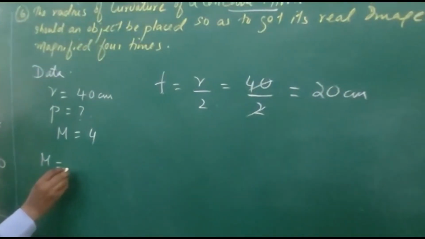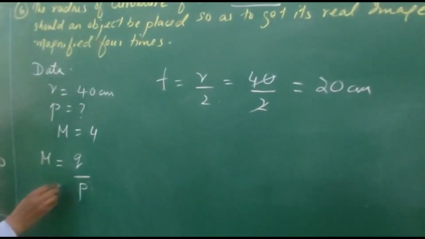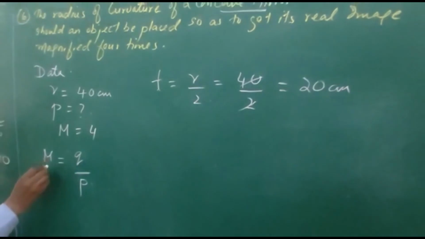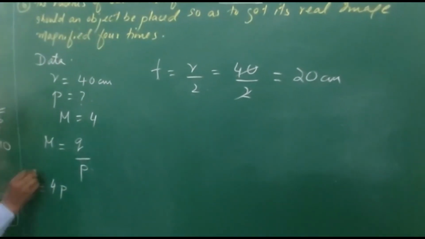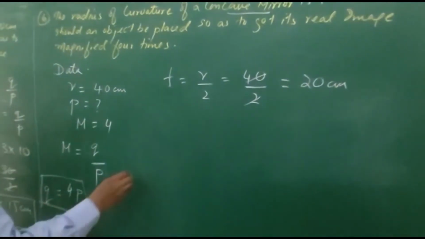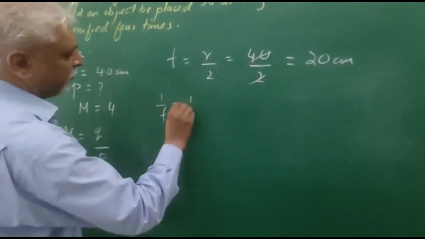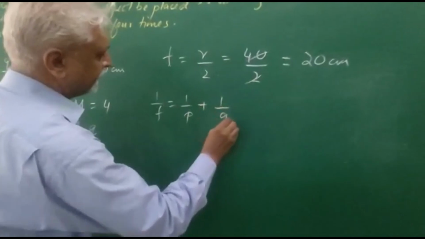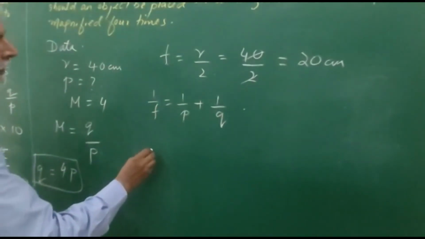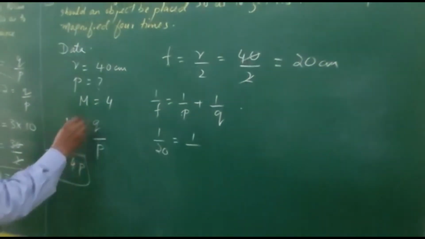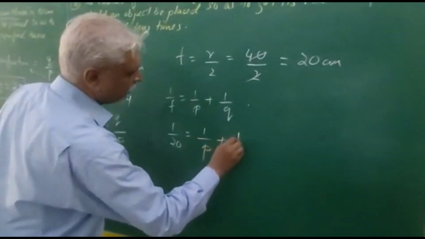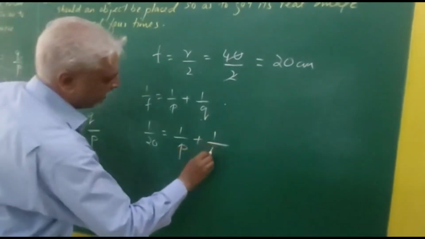Magnification is equal to q upon p. We just solved one problem on magnification. Here magnification is 4, so q will be 4p. So now 1 upon f is equal to 1 upon p plus 1 upon q. Let's apply this. 1 upon focal length, 20, equals 1 upon p, which is what you need to find out, plus 1 upon q. q is equal to 4p.